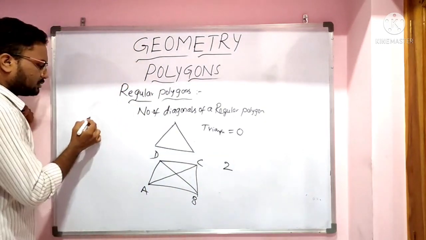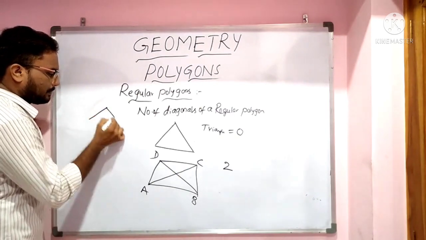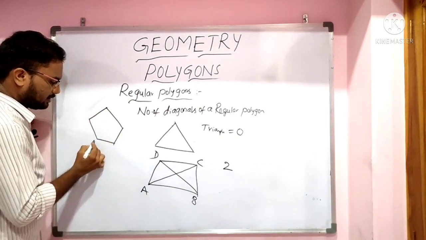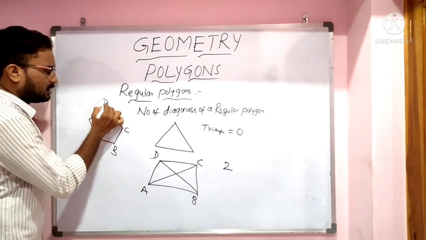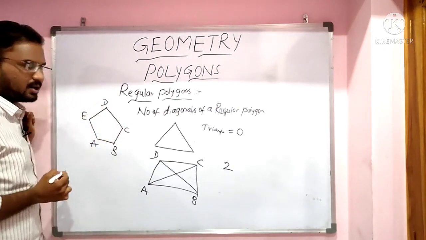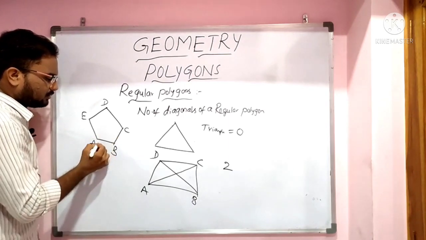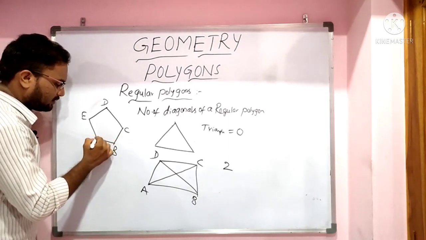For a pentagon, this is a pentagon A, B, C, D, E. Let's draw the diagonals. A diagonal is the line formed by joining two non-adjacent vertices.